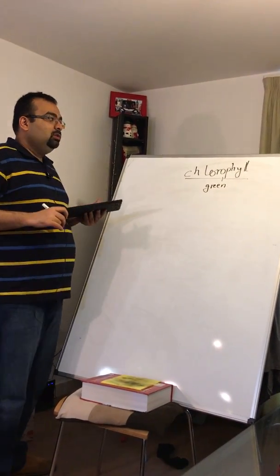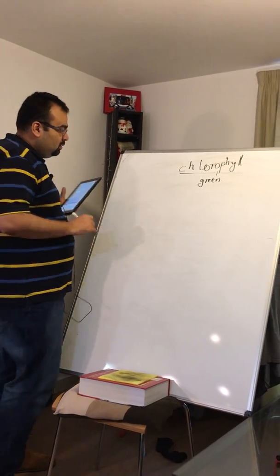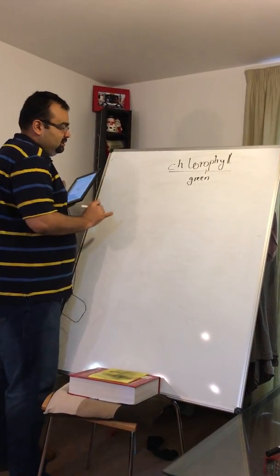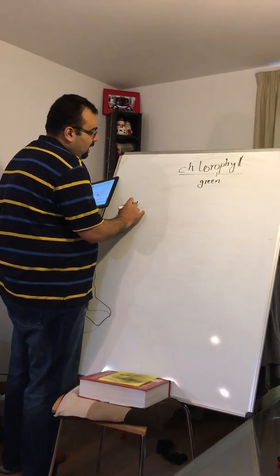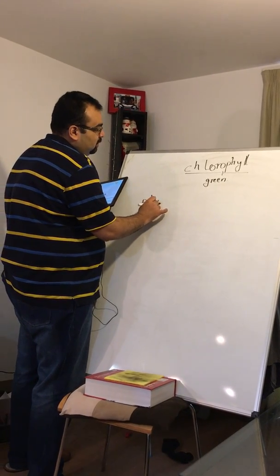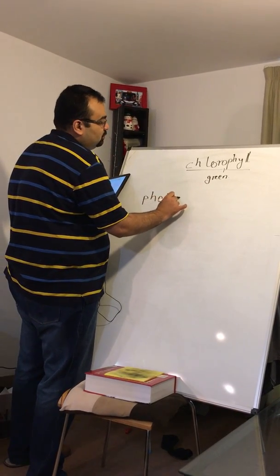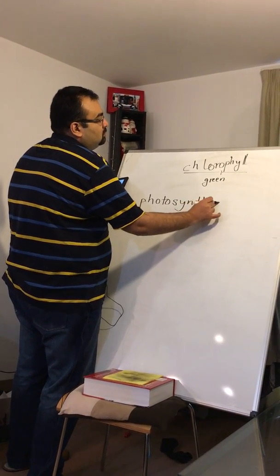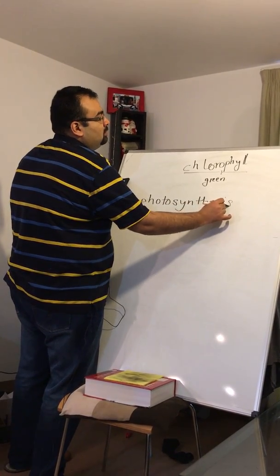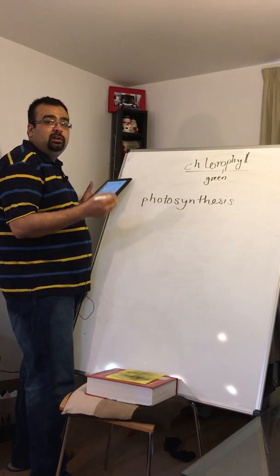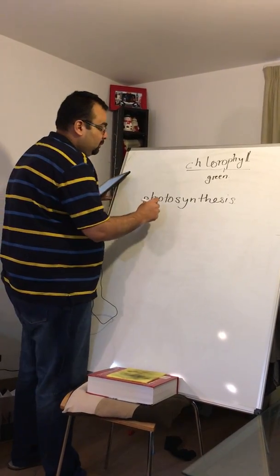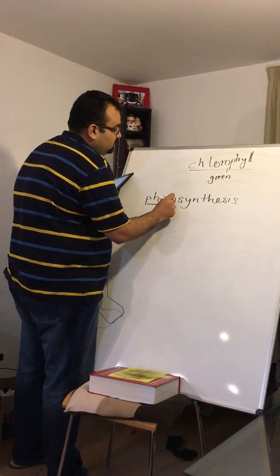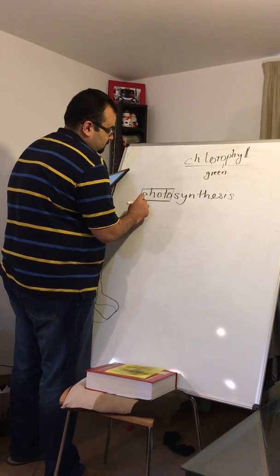Now, what is the importance of this chlorophyll? The process by which plant produces or manufactures its own food is called photosynthesis. It is something that is 100% coming in the exam. Photo means light.